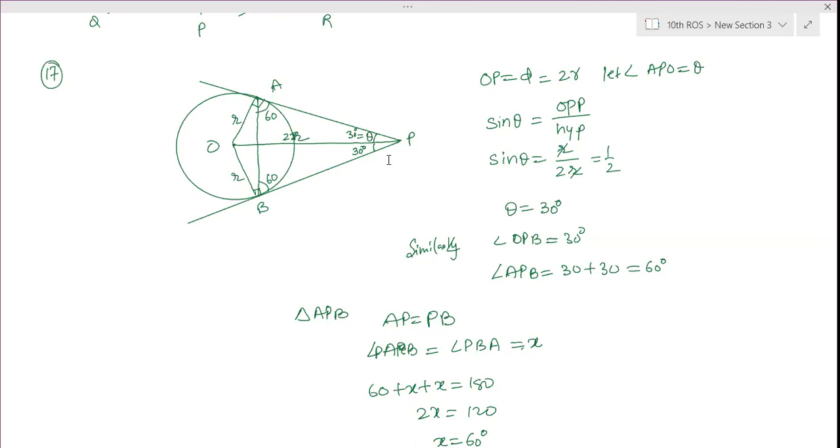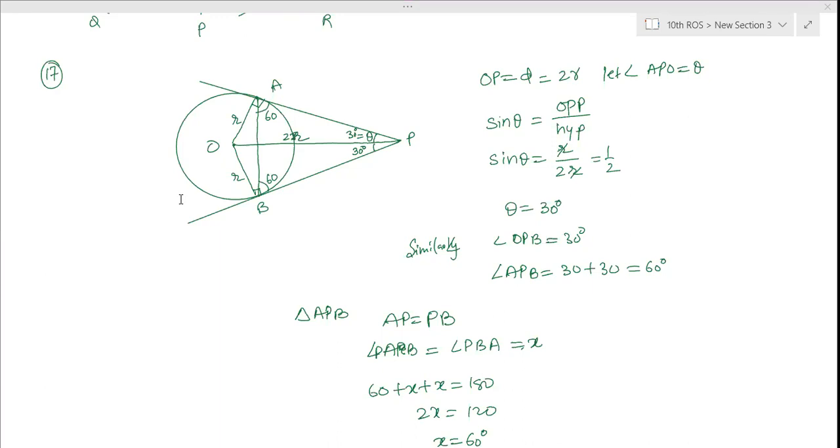Ma'am, I have a doubt. In this one, instead of finding congruency, can we say that OP bisects the angle APB by the tangent property? No, because that is not a theorem.